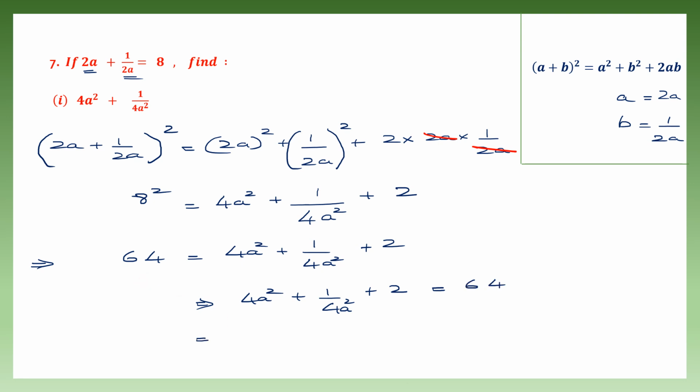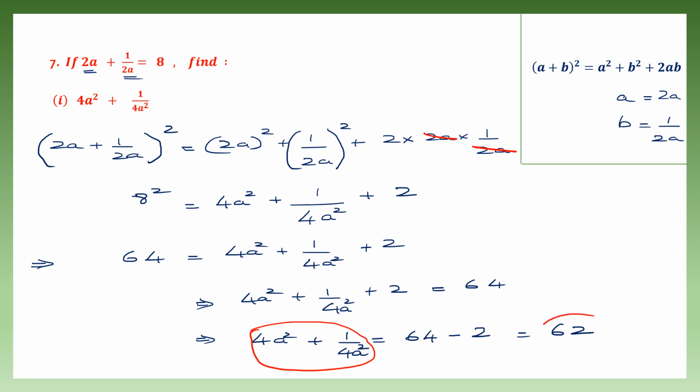That means if we have to find only 4a square plus 1 by 4a square, this will be 64 minus 2. And how much is 64 minus 2? 62. So we have found the answer for 4a square plus 1 by 4a square, that is 62.